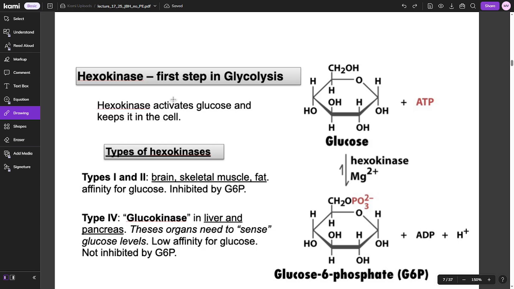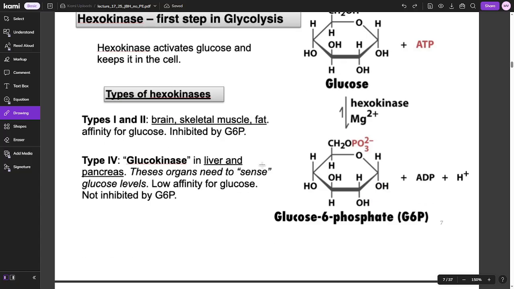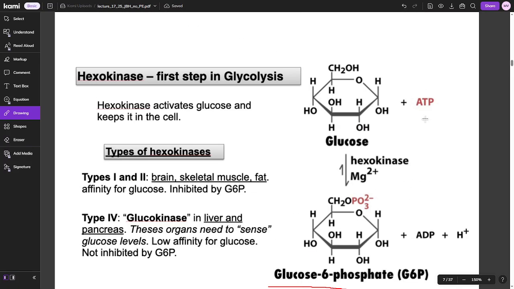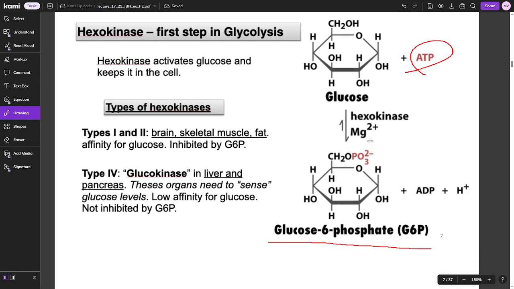You can think about what glucokinase is doing. Glucokinase is for the liver, but hexokinase takes glucose and turns it into glucose 6-phosphate using ATP. It uses magnesium as a cofactor, with a very negative delta G in this direction.